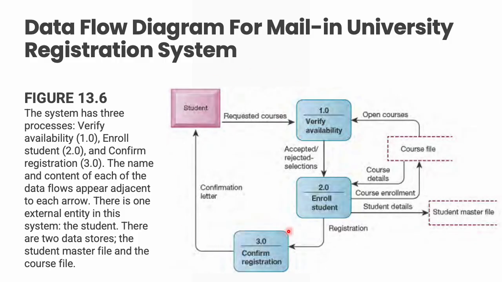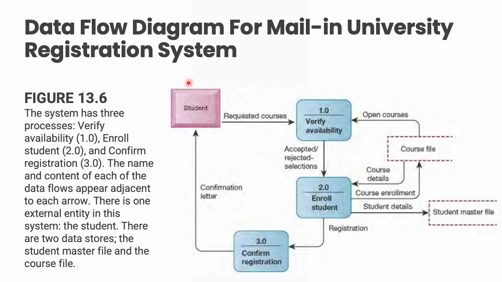And as you can see on the DFD here, there are arrows that show the flow of the data, like your course request going in or the confirmation letter going out. The external entity is the student, because the students interact with the system, but they are outside of it.